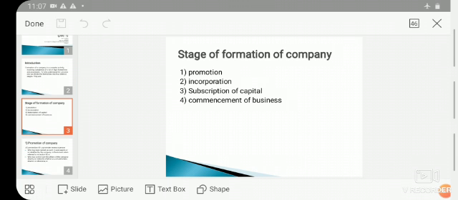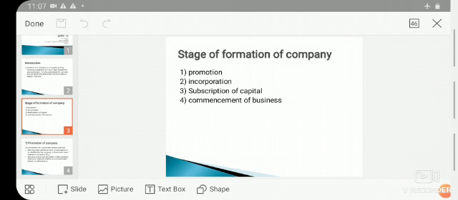As you already came to know while studying the difference between private company and public company, in case of a private company, according to the Companies Act, it is prohibited to issue a prospectus to the public for subscribing shares and debentures. That is the reason why a private company can go for the first two stages. After that, straight away, a private company can start its business.